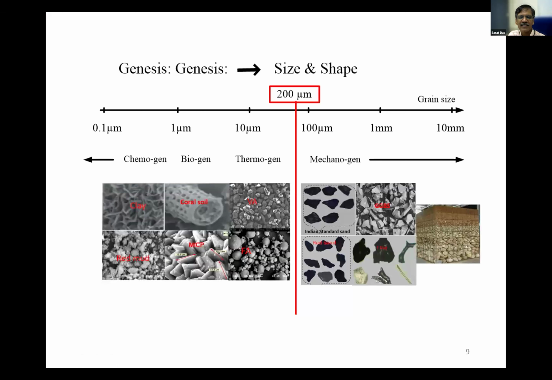Now, next, when I'm coming to the geotechnical perspective, I define this into two groups. One is based on the sites through mechanogenesis. If I say Indian river sand, it is naturally made, and if I say GGBS or ferrochrome slag, they are also, I can say, industrial byproducts, and this crushed one. So this process consists of both thermo and mechanical genesis.